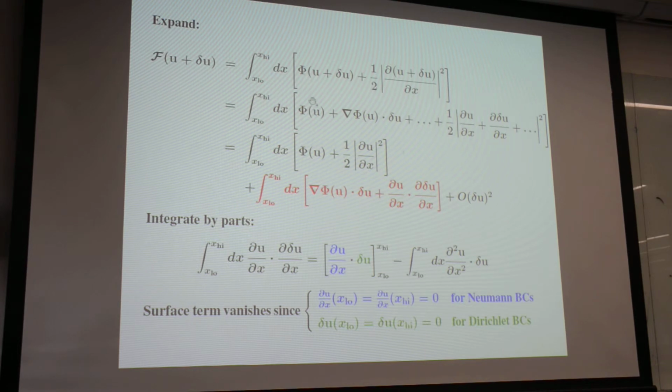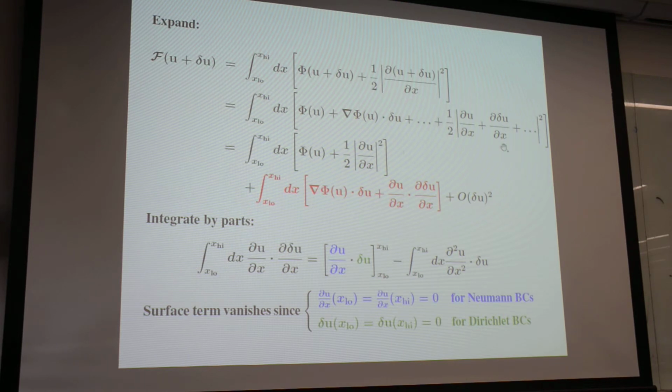So I'm going to write phi of u, and the gradient of this with respect to its argument, the u's, dot du. Okay. And then this thing here, this is just a derivative, and I can just expand it as I usually do. It's a linear function, du dx plus d delta u dx, and so on squared. I can then put this square together. I have this 0th order term, the phi of u term, and I have the 1/2 du dx squared term, okay?